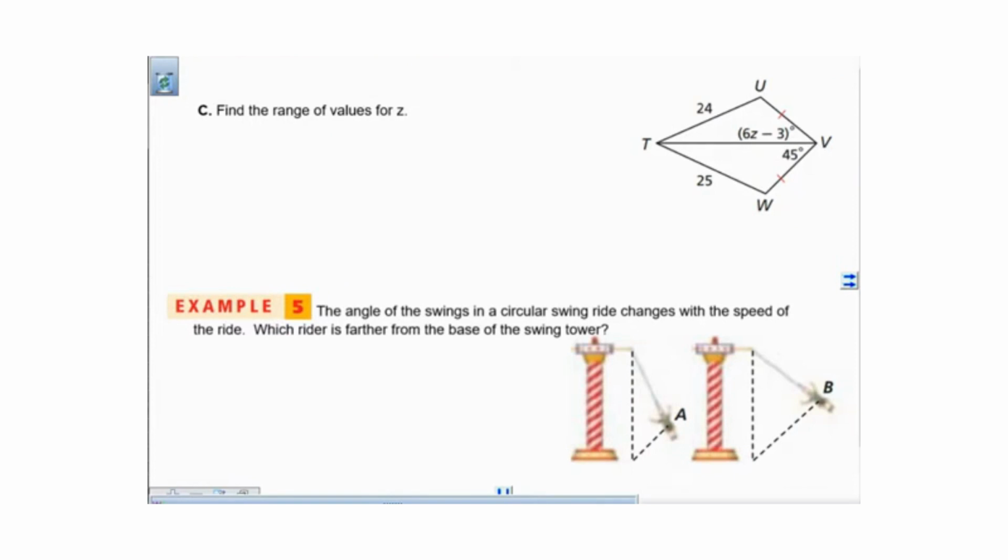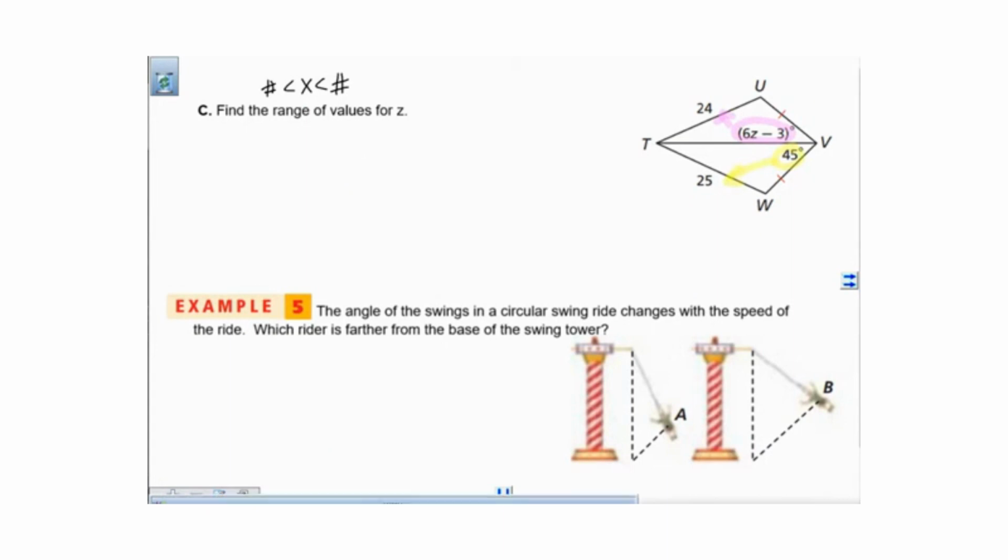Our next one, we want a range of values for angle Z. Again, remember that for a range, you're going to have a lower number is less than x is less than a higher number. And we have information in angles. So this goes with the 24, and the 45 is across from the 25.